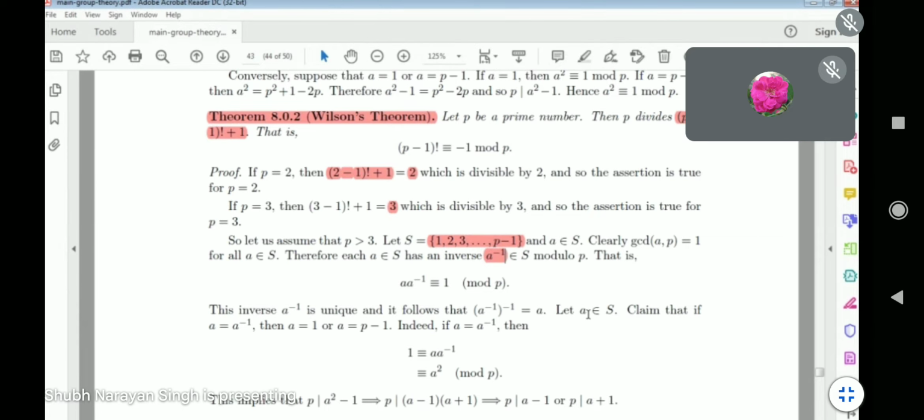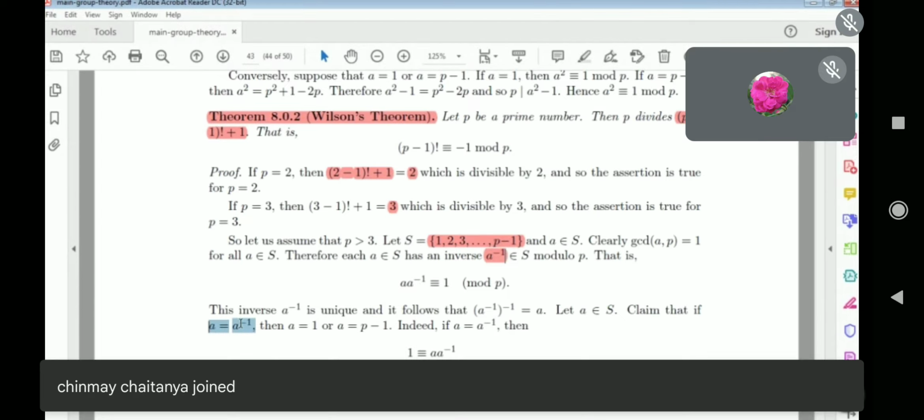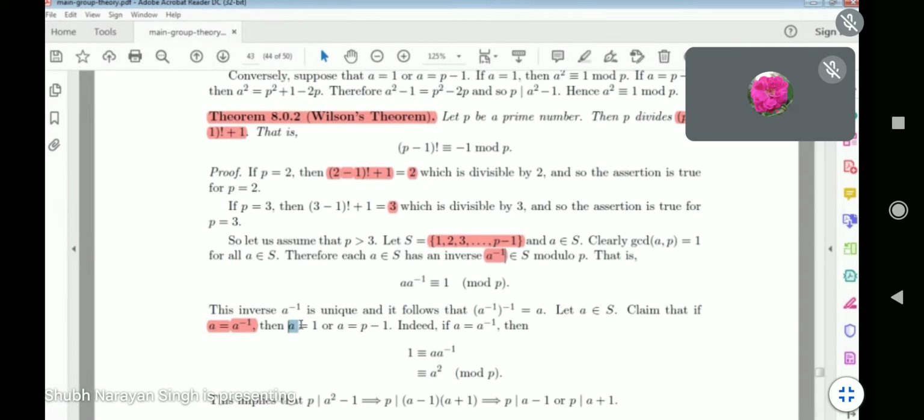In general, if p is a prime and any element a inside S is equal to its inverse, then that a is nothing but 1 or p minus 1. That is my claim, and we are going to verify it. This claim is not a big one, so I will just verify it. So what is my claim?